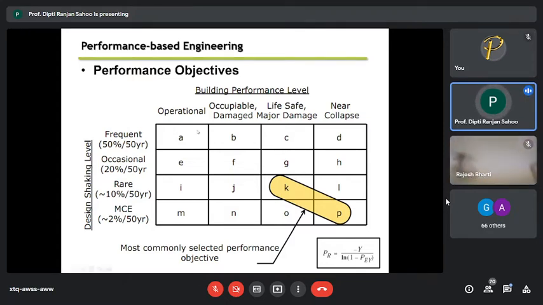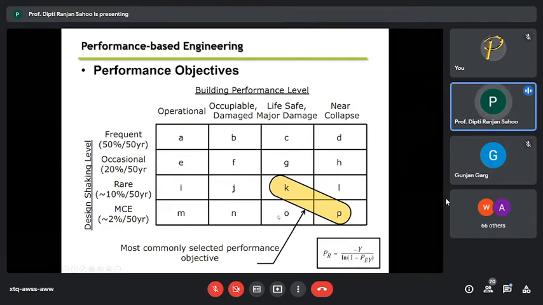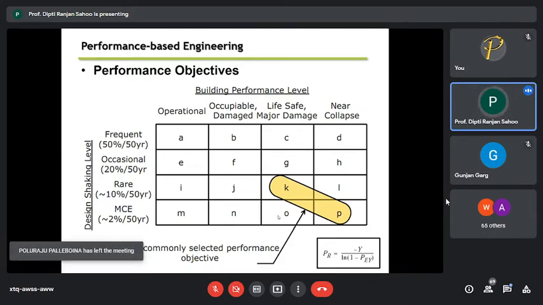If I go below this diagonal, for example, I'm looking here at maximum considered earthquake with operational or occupiable damage, or life safety. That means I am looking at a more stringent performance objective. So probably I can use that for a critical structure.